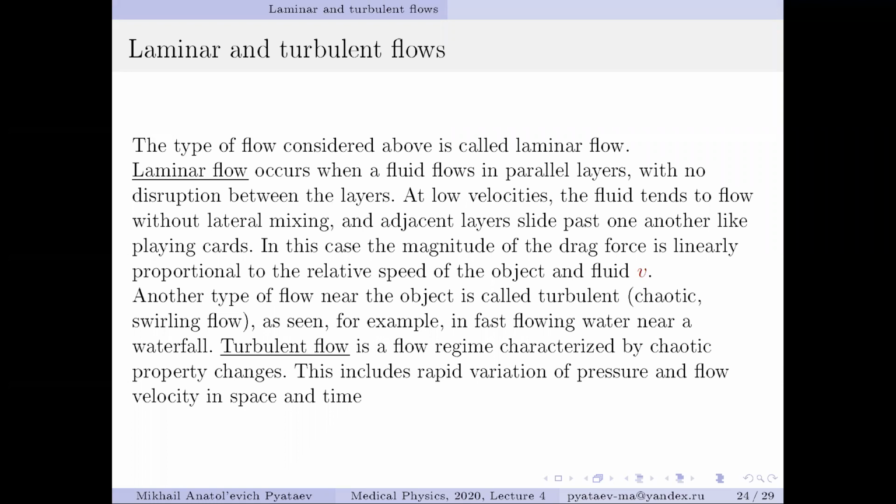In case the speed increases, then we have a strong increase in mixing of layers. So the layers become mixed and the flow becomes unstable. This sort of flow is called turbulent, and there are many examples of this turbulent flow.